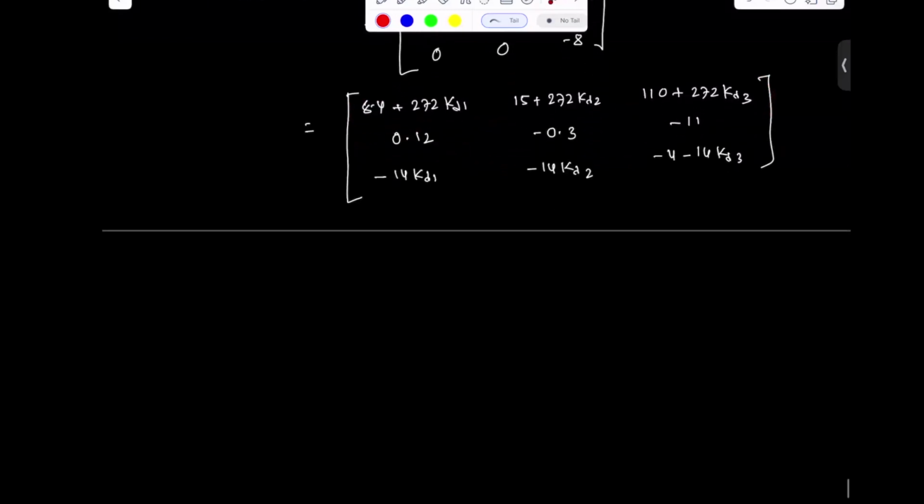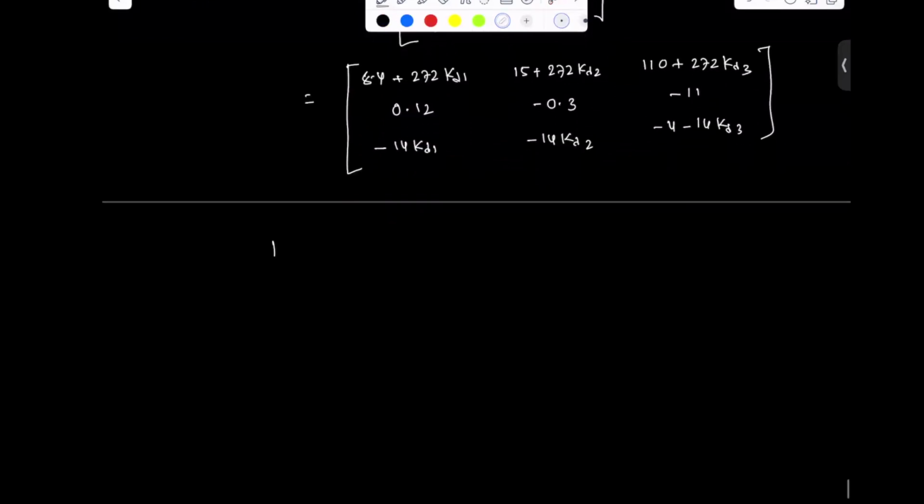So from that condition, we can write KD1 from the first row of the above matrix: minus 8.4 divided by 272 KD2, minus 15 divided by 272 KD3, minus 110 divided by 272.